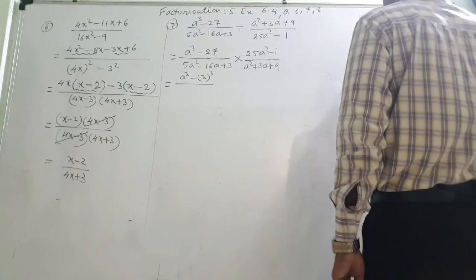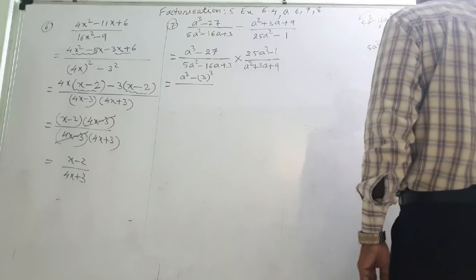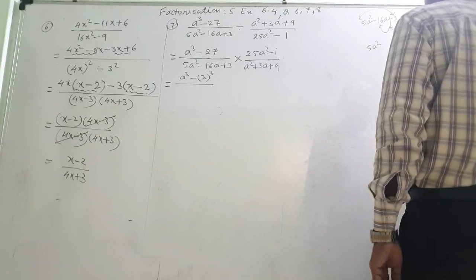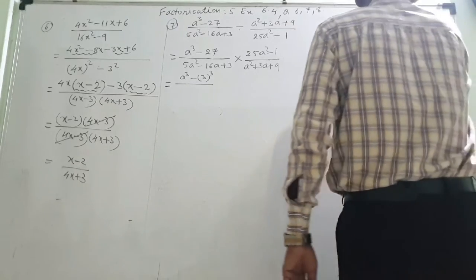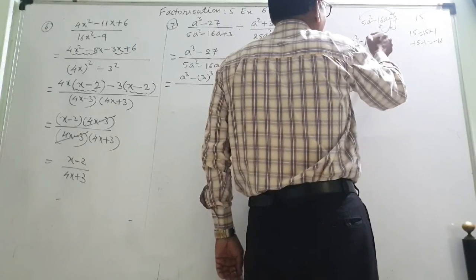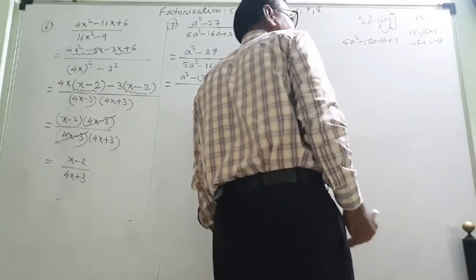So I will write this as 5a square. Now addition I want minus, so minus 15 minus 1 is equal to minus 16. So I will take 5a square minus 15a minus 1a plus 3. This way I will write.